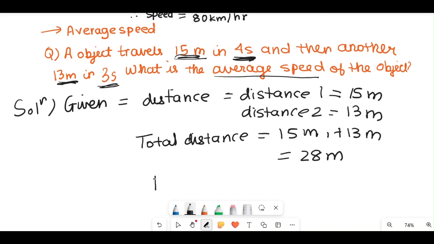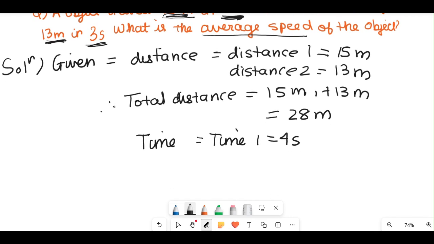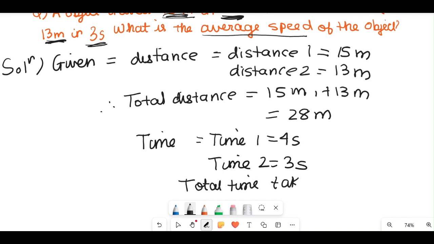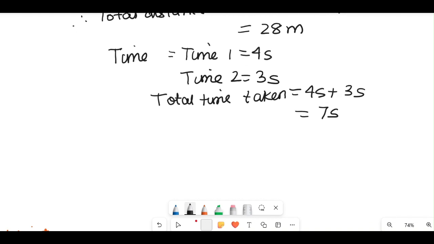And the time. So time 1 equals 4 seconds, and time 2 equals 3 seconds. Let's add the total time taken. 4 seconds plus 3 seconds will give us 7 seconds.